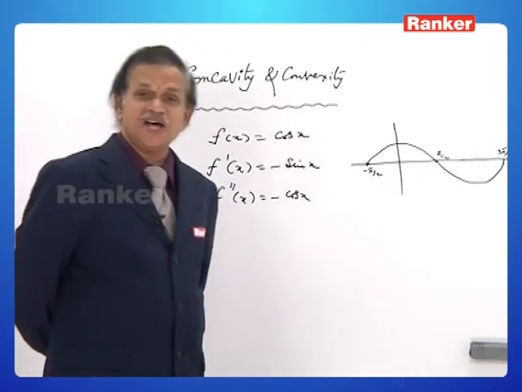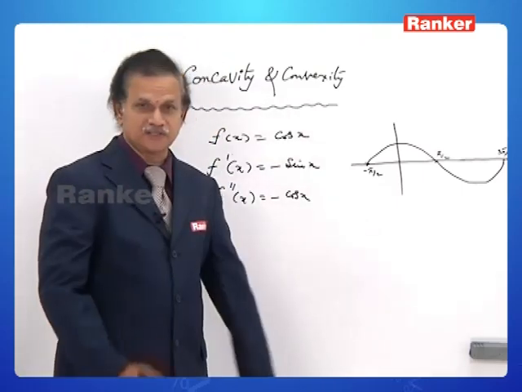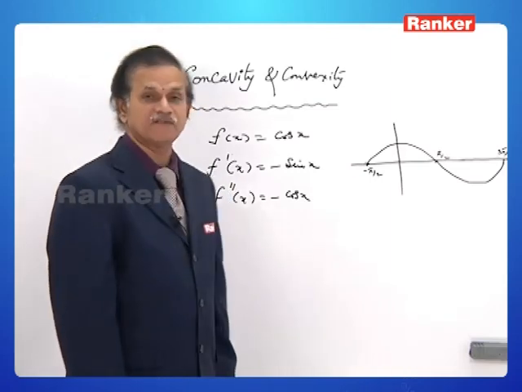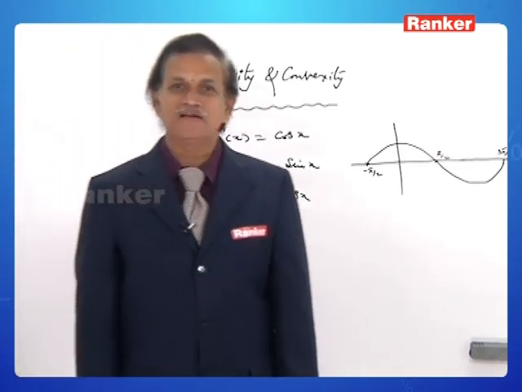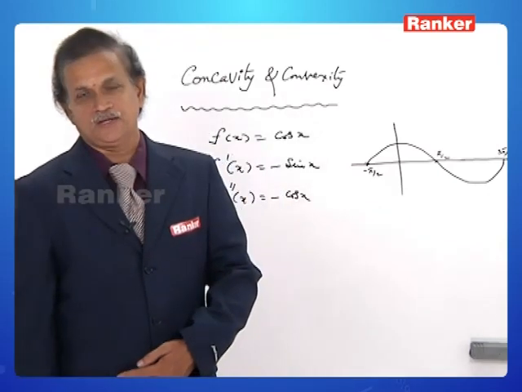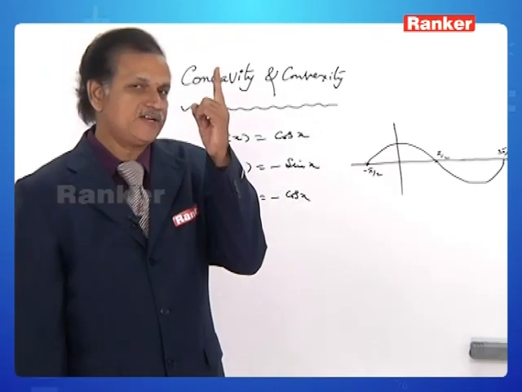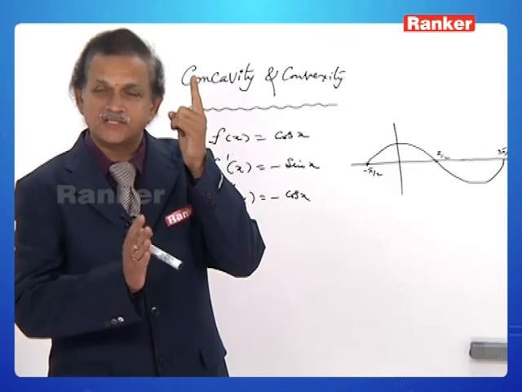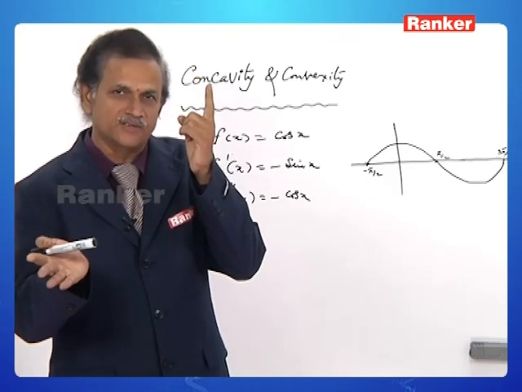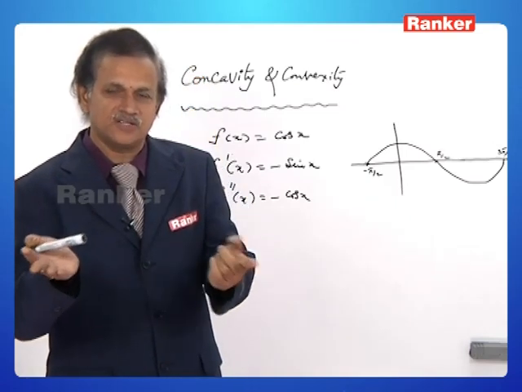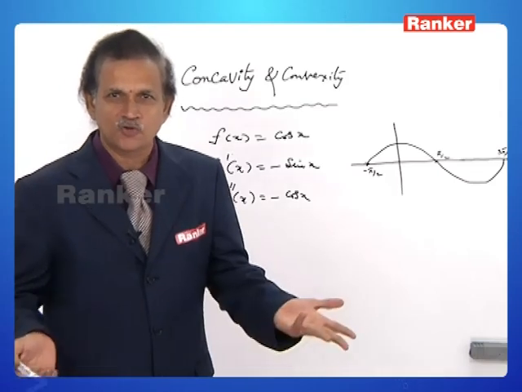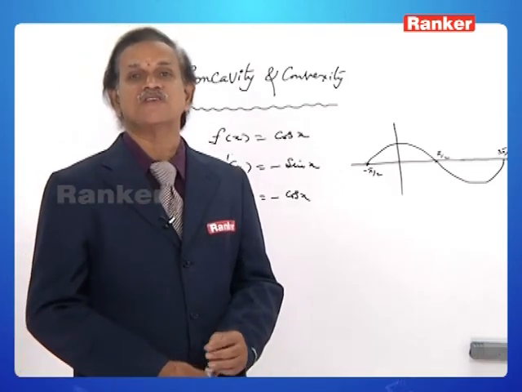Okay, after noting concavity and convexity, what happens when f dash x is equal to 0? If f dash x is greater than 0, the function is increasing. If f dash x is less than 0, the function is decreasing. If f dash x is equal to 0, it is neither increasing nor decreasing. Then what do you call that? Stationary.